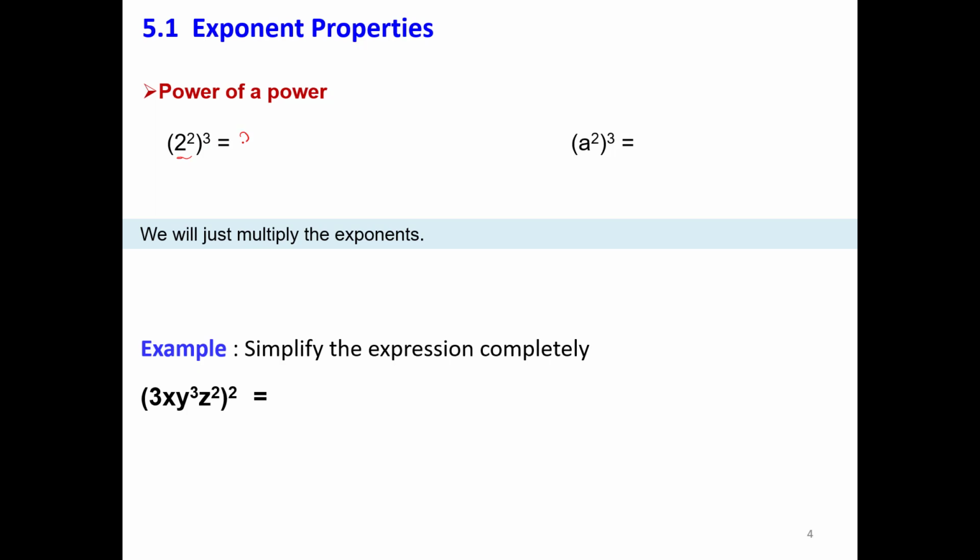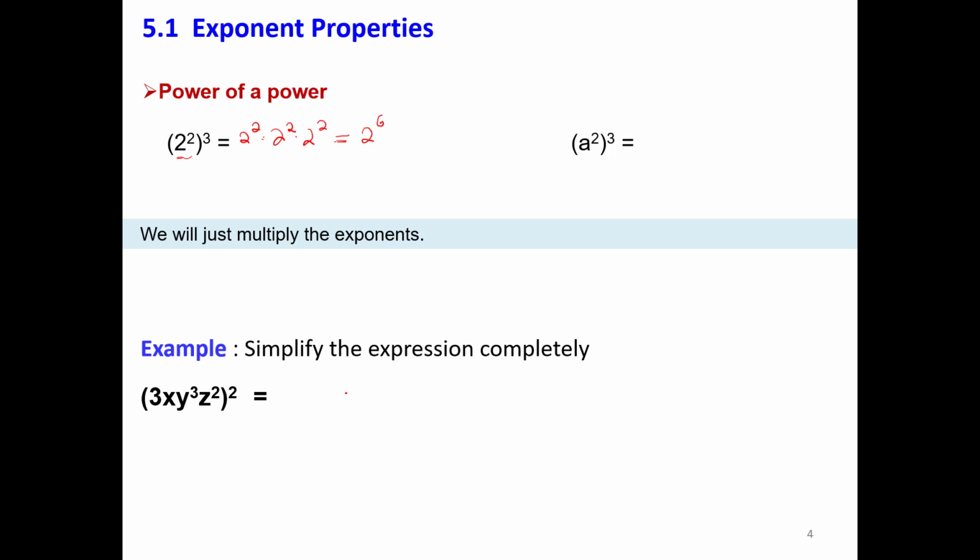Then we will have 2 to the second, 2 to the second, 2 to the second. This is the base in this case. And we know now, if we have the same base, it is the product rule, we can keep the base. 2 plus 2 is 4, plus 2 is 6. 2 to the 6.